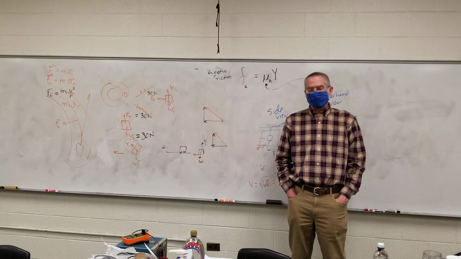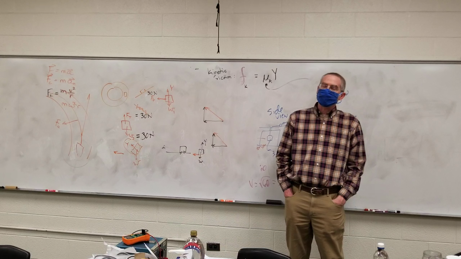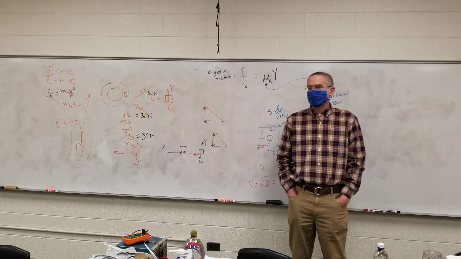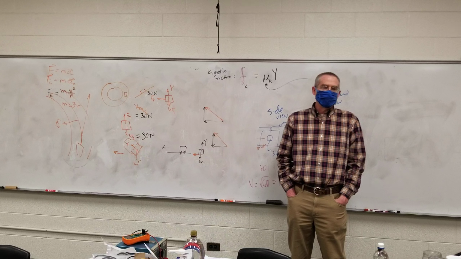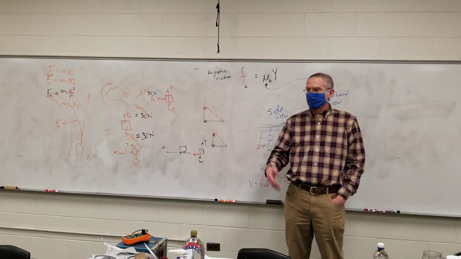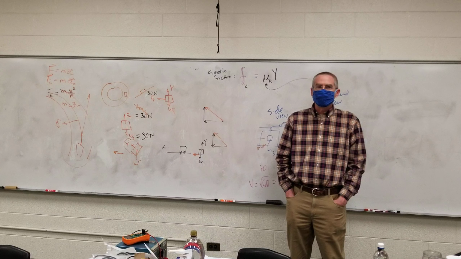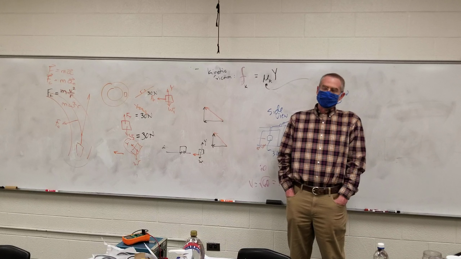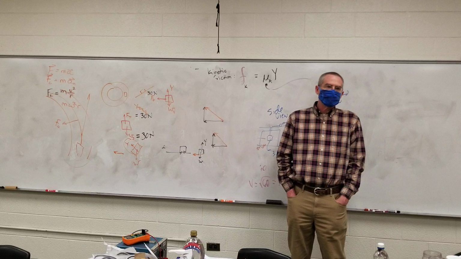In reality, if I have a banked curve and friction, both, then friction potentially is also helping me take that curve. But the normal force is probably the main one. It all depends on what the actual angle is and how fast I'm going. And if you take physics 151 or 251, you get to explore that.